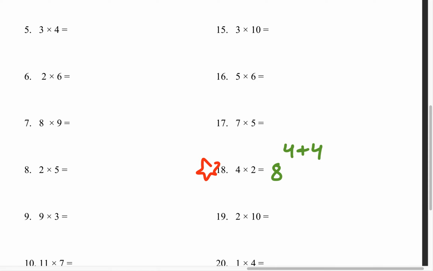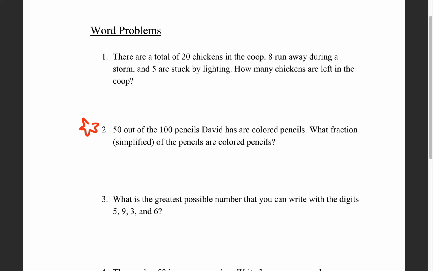Alright, word problems. So, again, let's underline important information. So, 50 out of 100 pencils David has are color pencils. What fraction simplified of the pencils are color pencils? If it says out of, this is basically going to be a division, or a fraction.